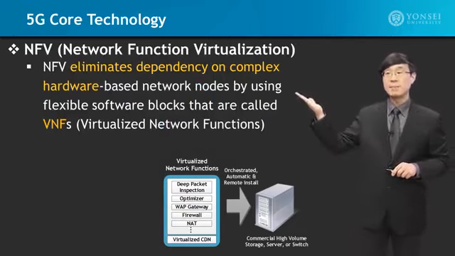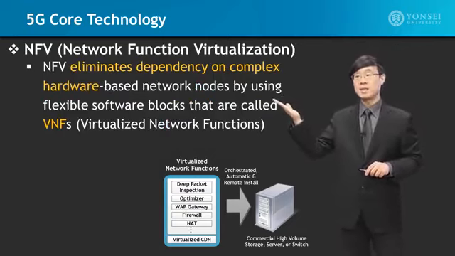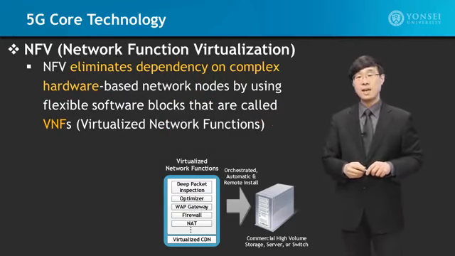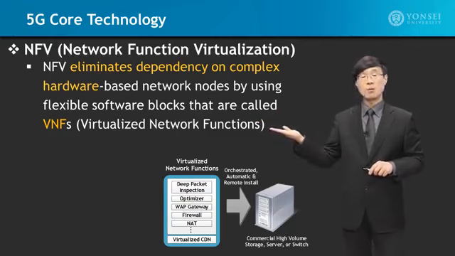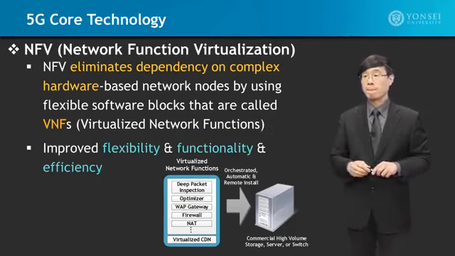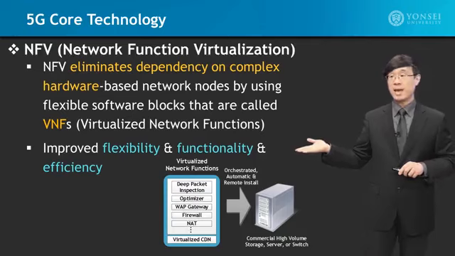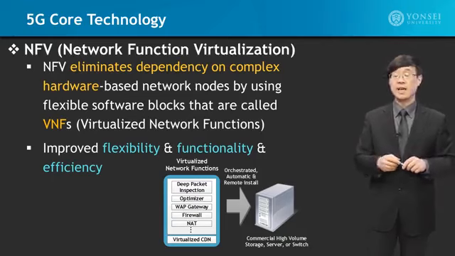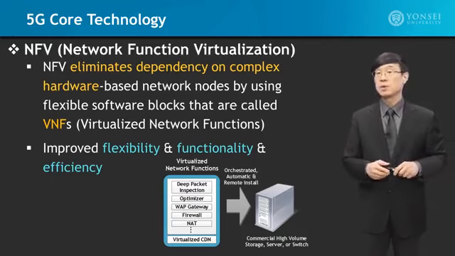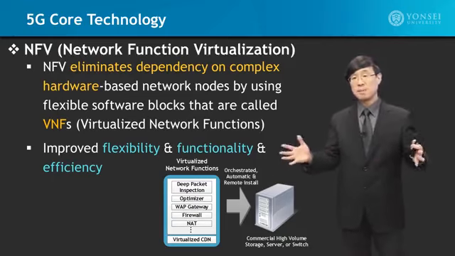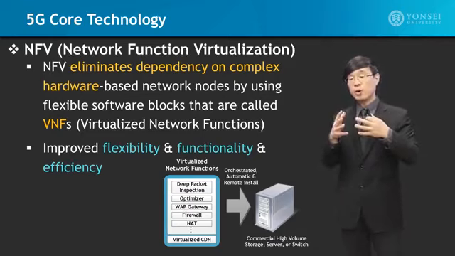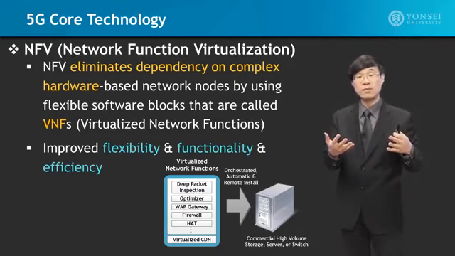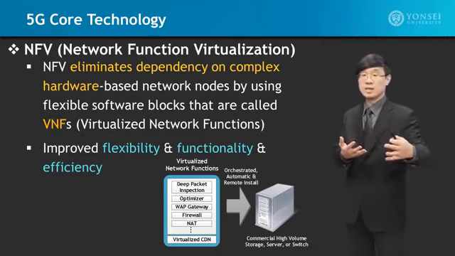NFV technology eliminates dependency on complex hardware-based network nodes by using flexible software blocks that are called VNFs, which are virtualized network functions. You can improve flexibility and functionality and efficiency by this technique of using NFV. How? Once again, what you need can be collected with software functionalities, and then you create a chain of what you need to support your data flow within the network, and then you execute it.